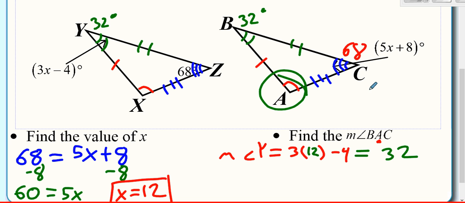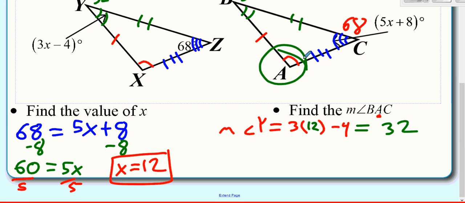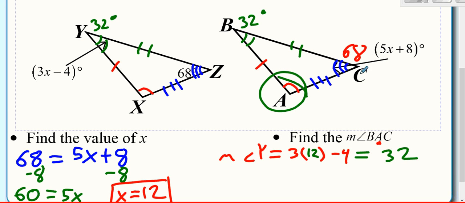To figure out what it is, you have to remember that yesterday we talked about the 3 angles of a triangle always adding to equal 180. So 32 plus 68 plus whatever angle A is has to equal 180.